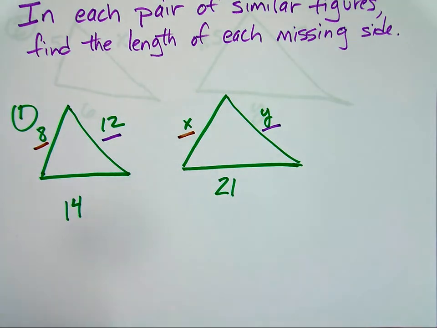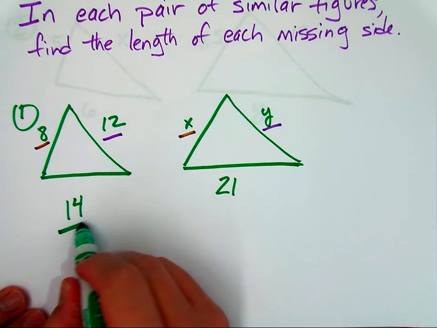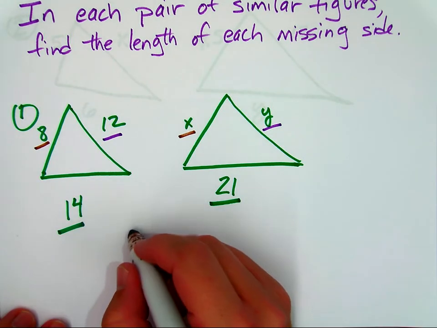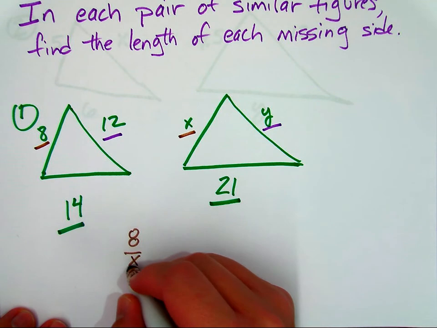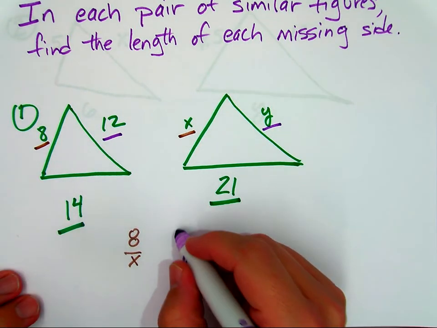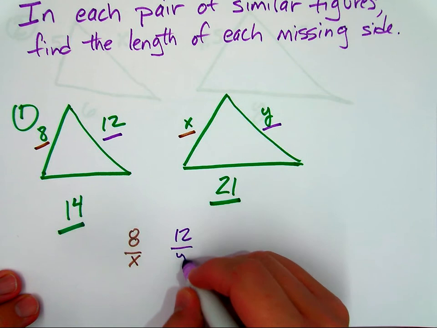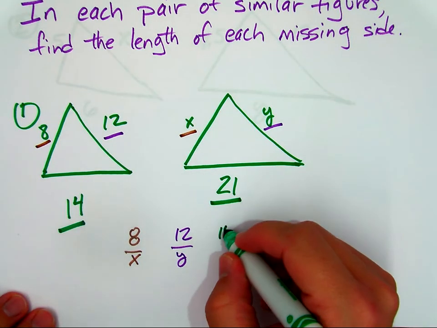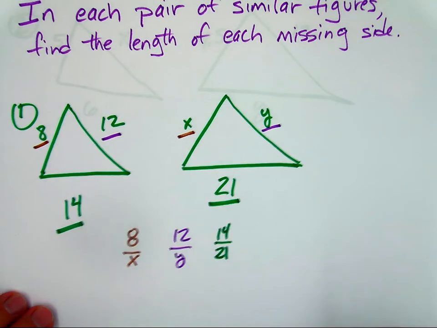And 14 will match with 21. So I can set up three ratios. 8 over x, 12 over y, and 14 over 21.